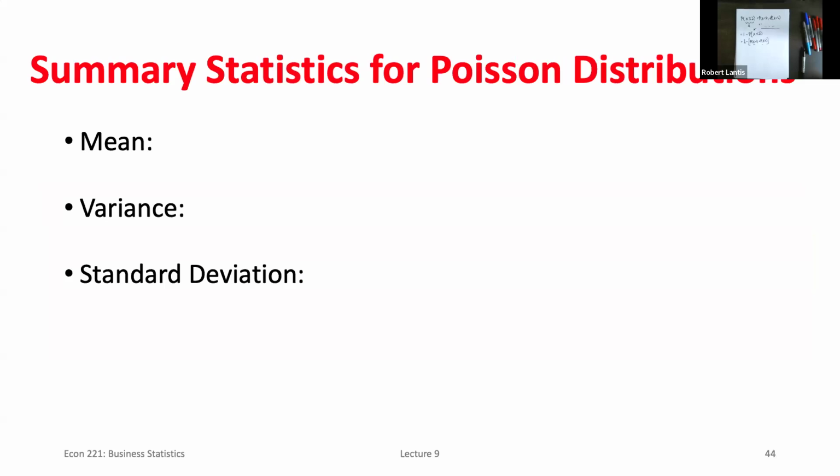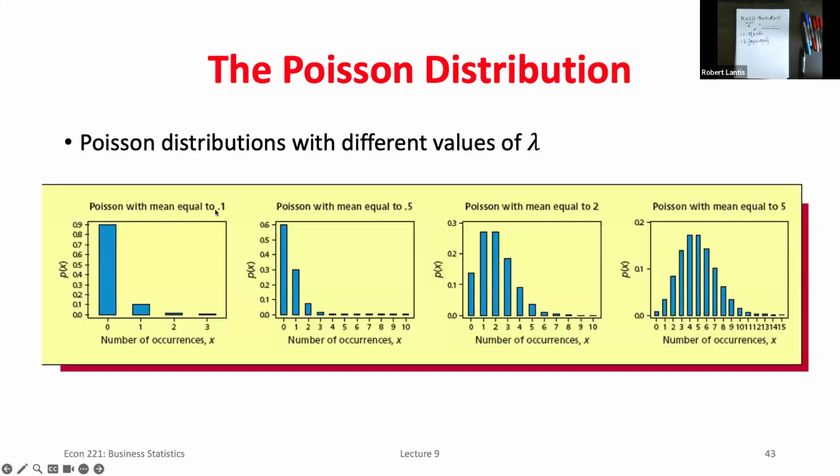What ends up being true is the mean of my Poisson is just lambda. It's defined by the setup of the Poisson: lambda was the average rate we usually see over that time interval. Notice here when the mean is 0.1, 0 and 1 are the most likely outcomes, and the probability declines from there. When the mean is 0.5, 0 and 1 are still the most likely outcomes, but 0 is a little bit less likely than when the mean was 0.1, and 1 is a little bit more likely.